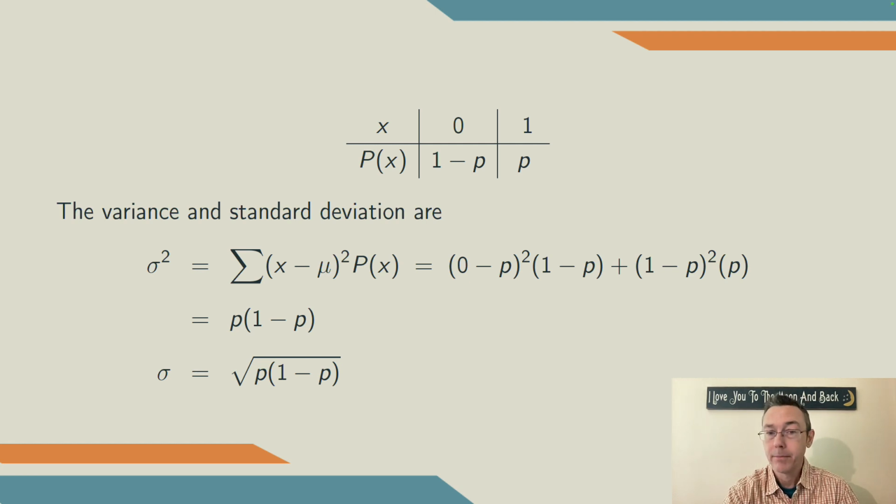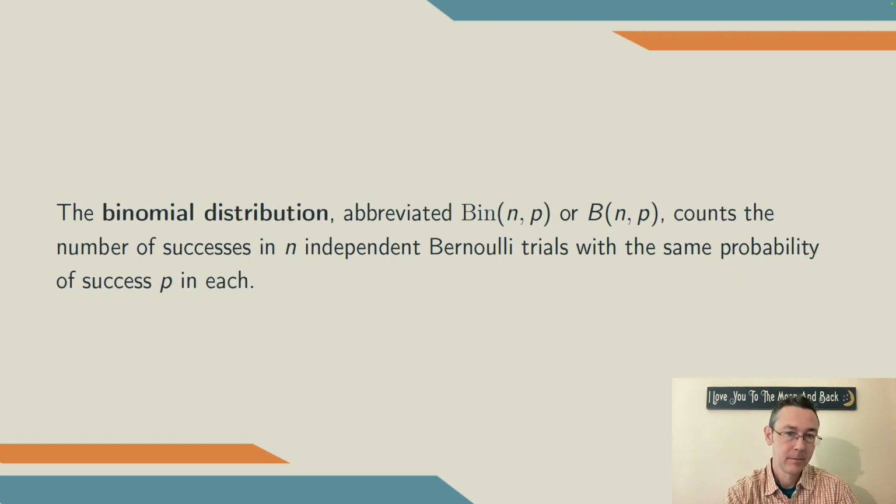We square that, we weight it by the probability, 1 minus p. And then we do the same thing for x equals 1. We do some arithmetic, we add everything up, we get p times 1 minus p. We get the standard deviation by taking the square root of that, so the square root of p times 1 minus p. Again, these are the variance and standard deviation for a Bernoulli random variable.